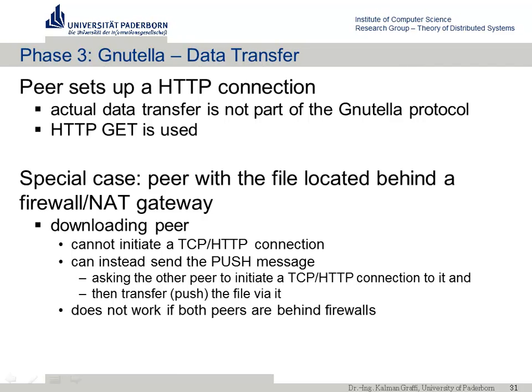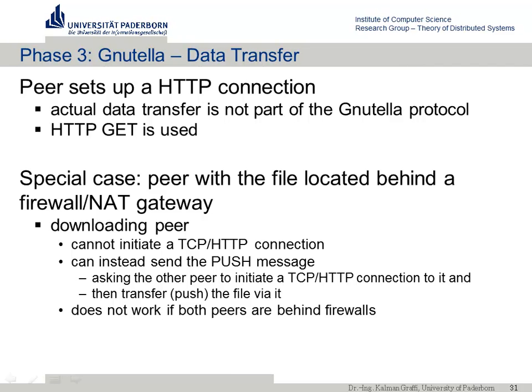So he sends a push message, again using the path of the query hit, to the peer who has the files, telling him, please send me the file and contact me, assuming that the requesting peer is not behind the NAT firewall and can be contacted. Then the peer who has the file can contact him and send him the file.